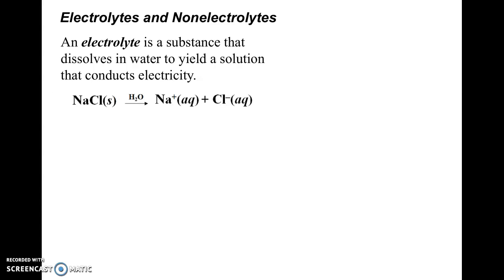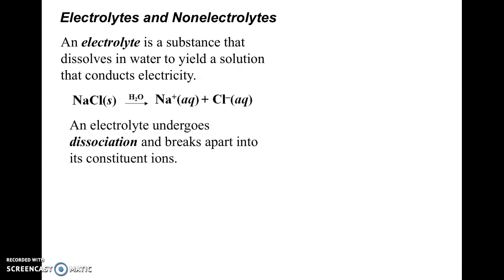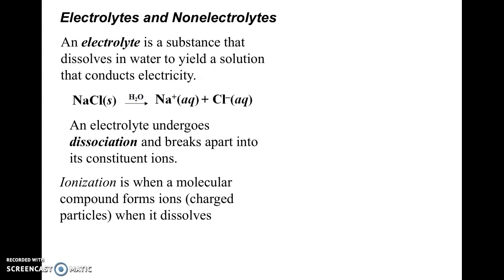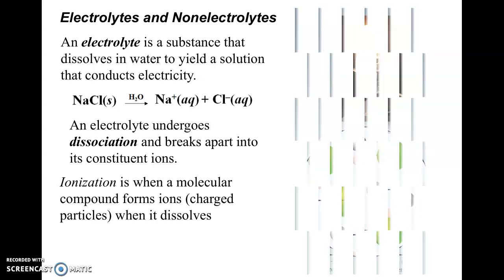So if you put salt in water, you get sodium ions and chloride ions, and we say that that electrolyte has dissociated, is broken into pieces. Now, if we had a molecule that produced ions, then we would say that is ionization. So it's not quite the same as an electrolyte just coming apart in water.